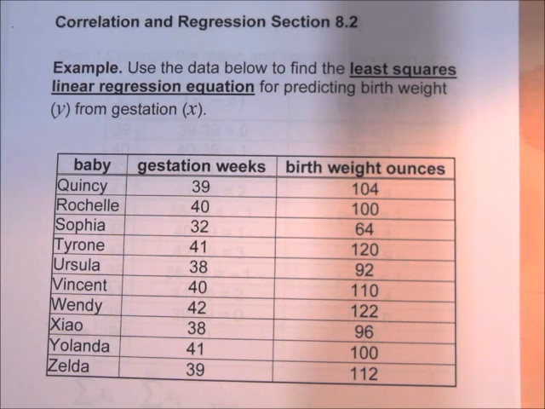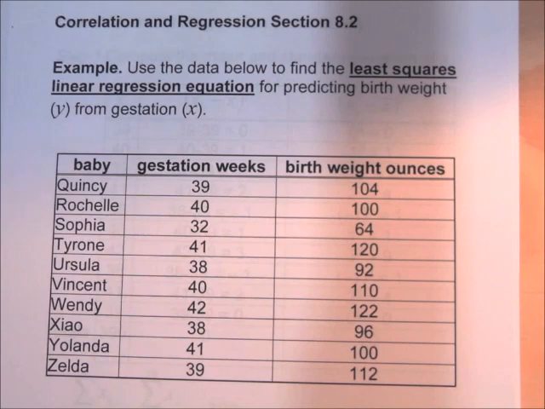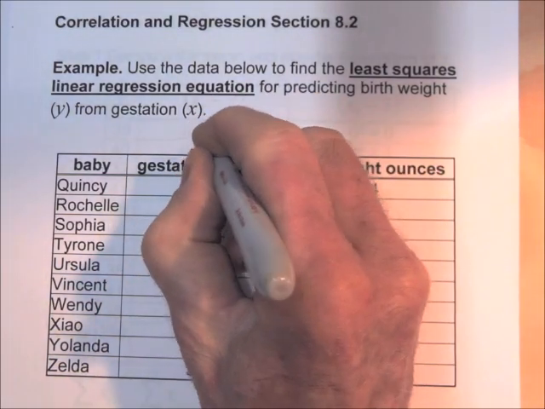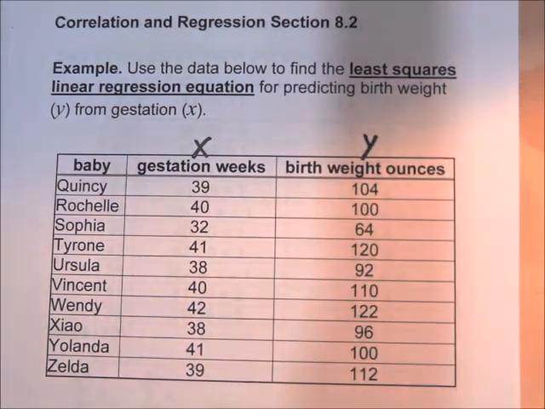Because the gestation, or the pregnancy, comes before the birth, we'll make the gestation the X variable and the birth weight the Y variable. Probably the length of pregnancy affects the birth weight.